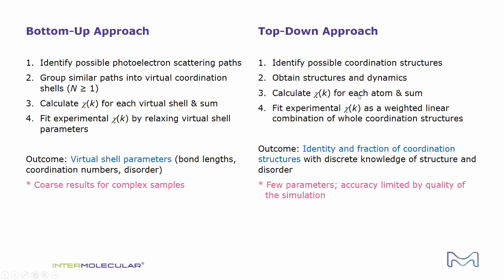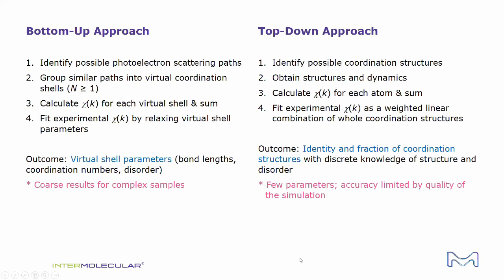Then we calculate chi of k for each individual atom. So we're not lumping shells together in virtual shells, but rather we're calculating chi of k individually. And then we sum all of those together, and then we fit the experimental spectrum as a weighted linear combination of whole structures.